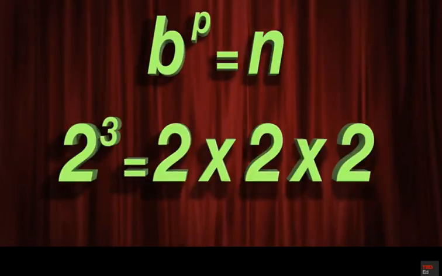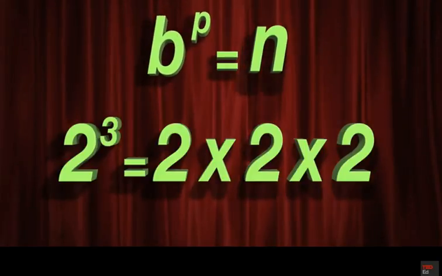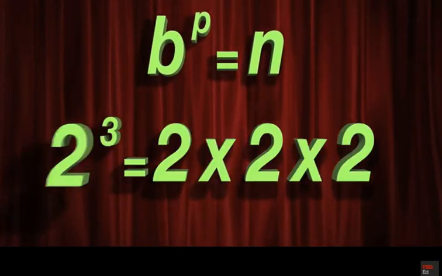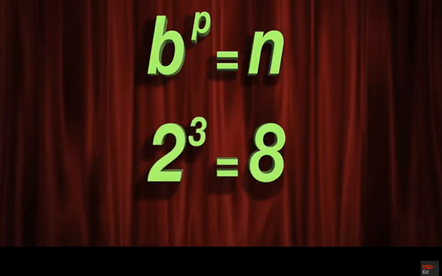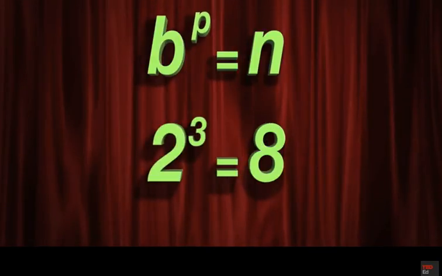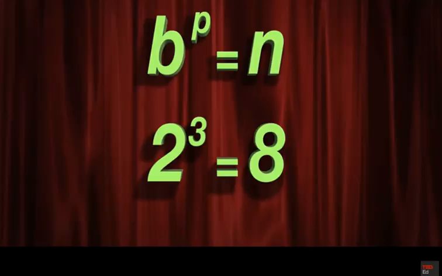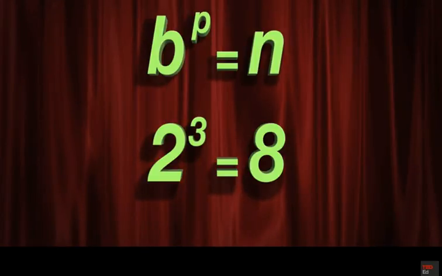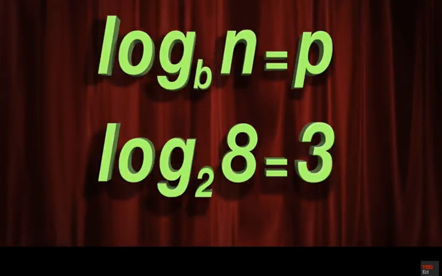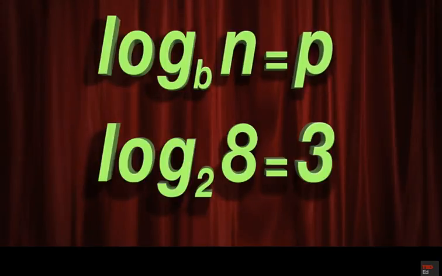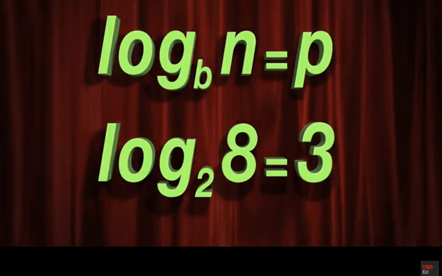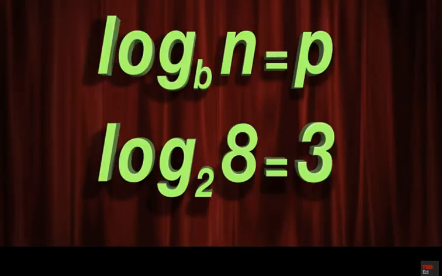We get an exponential equation, b raised to the p power equals n. In our example, that would be 2 raised to the third power equals 8. The exponent p is said to be the logarithm of the number n. Most of the time, this will be written log base b of the number equals p to the power. This is starting to sound a bit confusing with all the variables. So let's show this with an example.